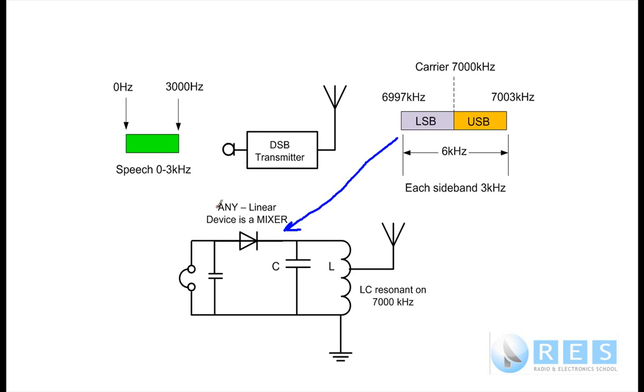If I'd wanted to, I could have drawn a rectangle here and just put a mixer. Let's have a look at what's going to happen when this signal mixes in this diode. This circuit ahead of it, all it does is select this signal, nothing else, and the diode is now going to mix that signal, and I'd like to talk to you about what happens when that mixing occurs.